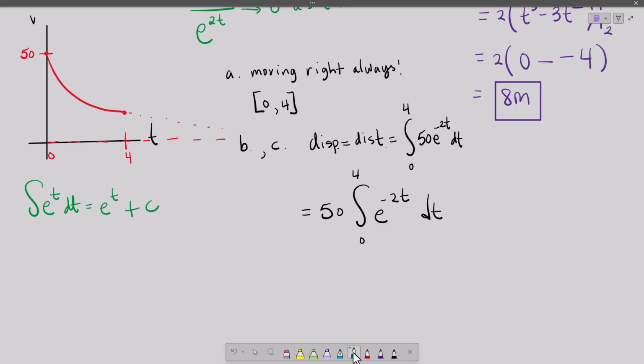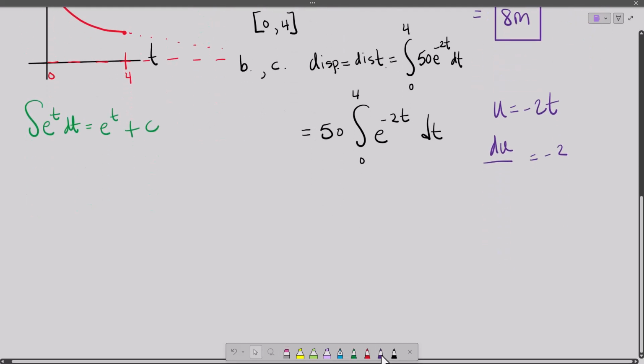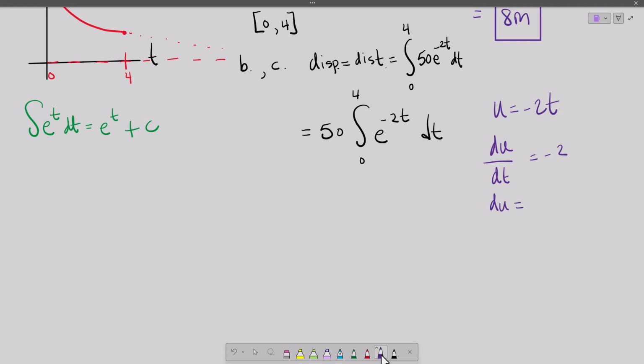U sub. So we would let u equal that exponent, and then we would take the derivative of u with respect to t, du dt, and then we're going to rewrite this equation so that du is written in terms of dt. And then we're going to solve for dt because that's what we want to replace.